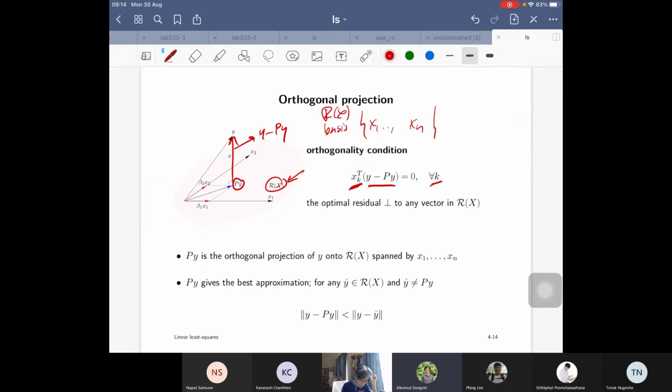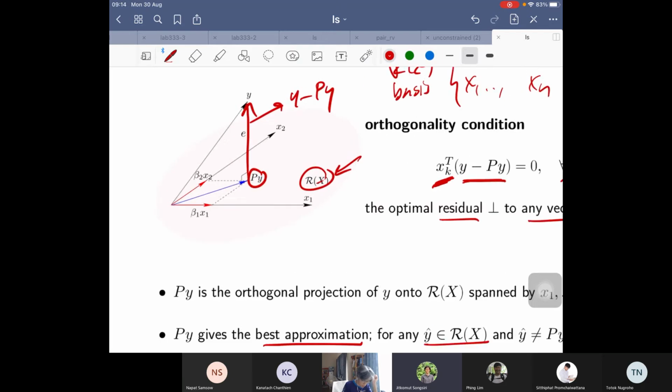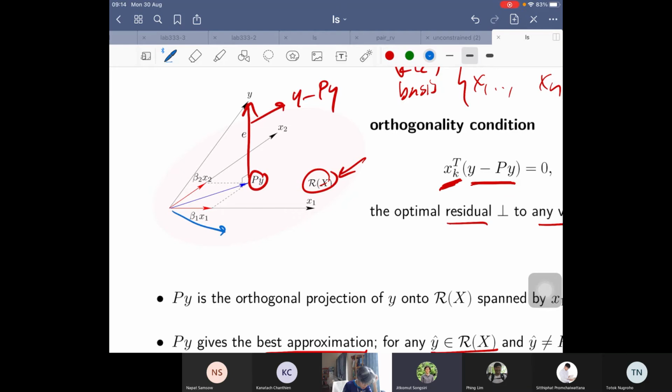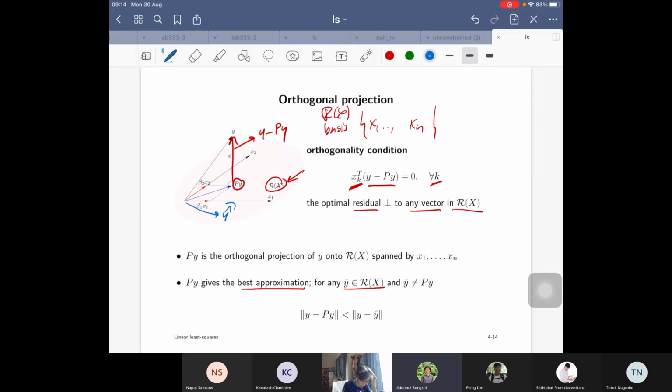The optimal residual is orthogonal to any vector in Rx. So the projected vector gives the best approximation among any y hat in the range of x. If you come up with another y hat that also lies in this range space, your projected vector will give the minimum residual, which is always less than the residual obtained by the other y hat.